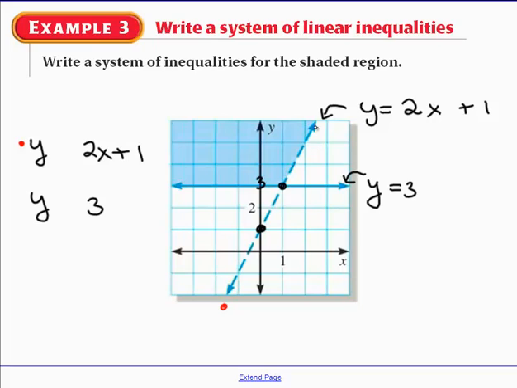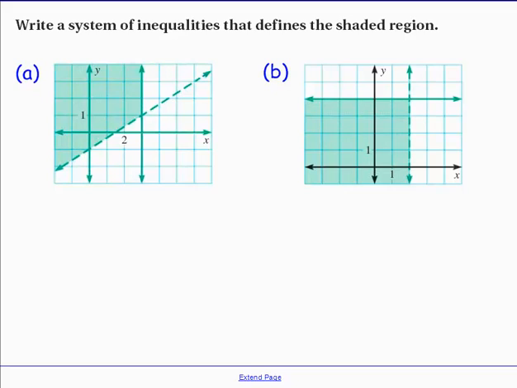It's everything above that line. So y needs to be greater, because we chose y as being greater. And then for this one, we shaded above, and it's solid, so it's greater than or equal to. So that is your system here. That's your answer. I wanted to do a couple more with you because I think it's a little tricky.